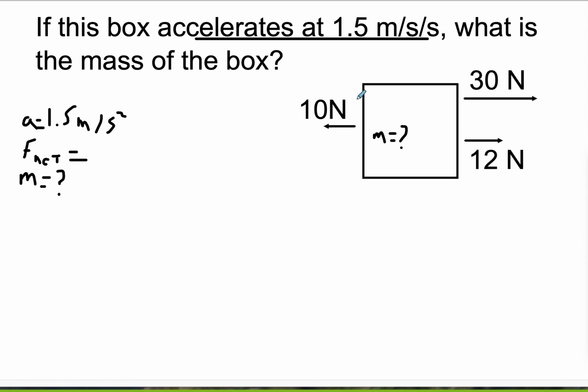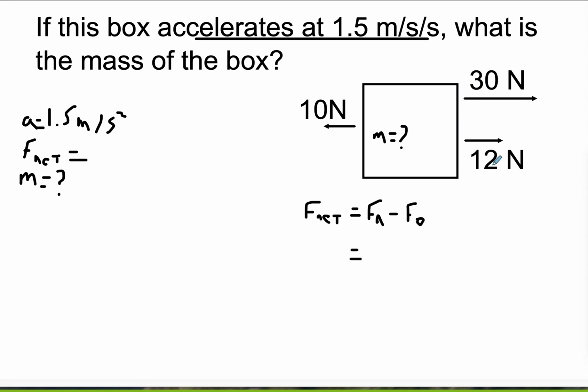Now, there's 3 forces acting on this box. This is actually the problem we did yesterday, and we looked at in the review earlier today. So if I wanted to find the net force that's acting on this box, remember I gave you an equation, right? That said, if I take all of the accelerating forces or the applied forces, and I subtract all of those from the opposing forces or the decelerating forces, I would end up with the net force.